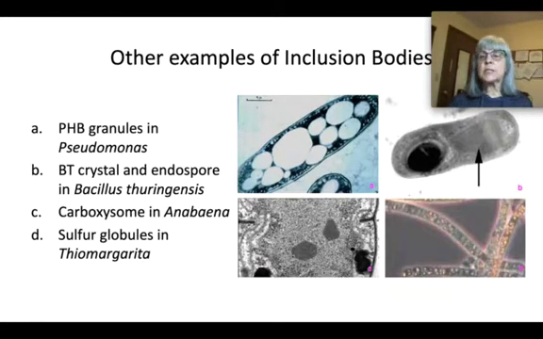And this bacillus forms these crystals. They contain protein, and what happens is, actually they do not cause us harm, but they do kill insects.